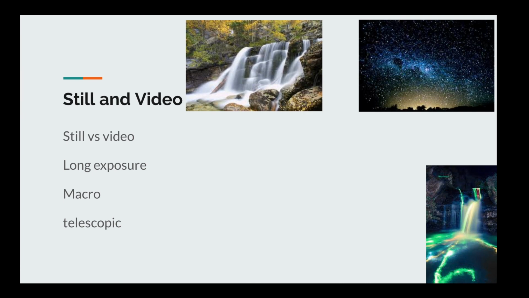The star field is probably a very long exposure with a very big aperture, so they get lots of information coming into the lens to be processed. You can also have macro lenses, which are very close up, looking at very small objects in very great detail, or telescopic lenses, which look at far away objects in close-up detail.